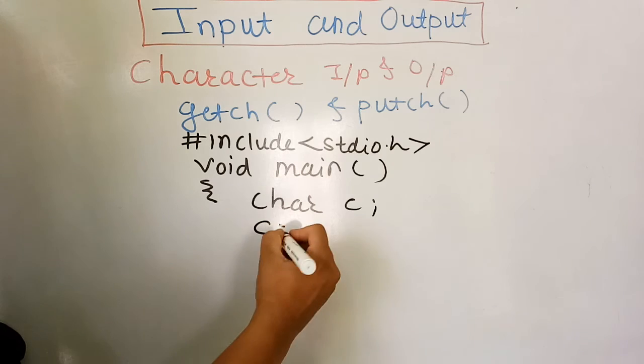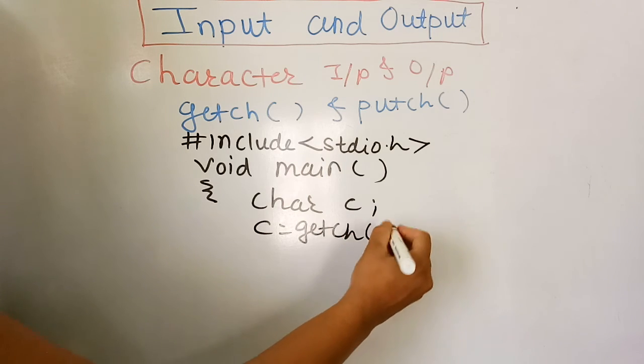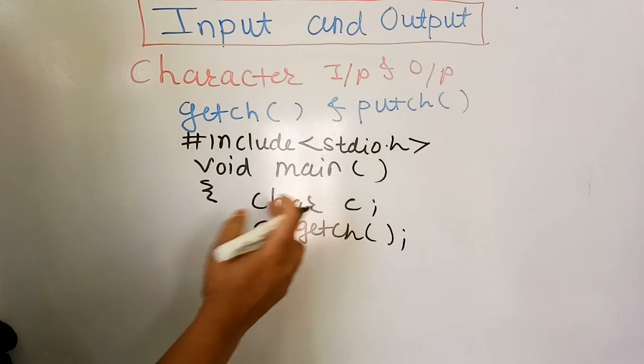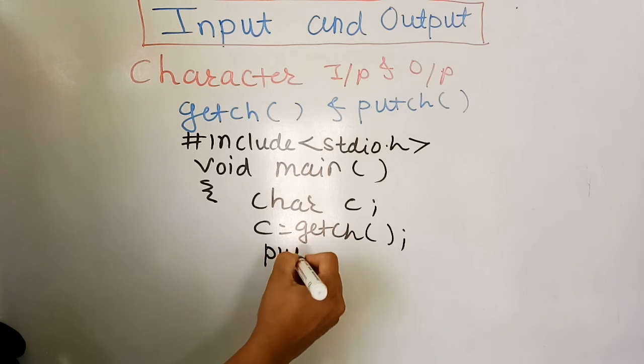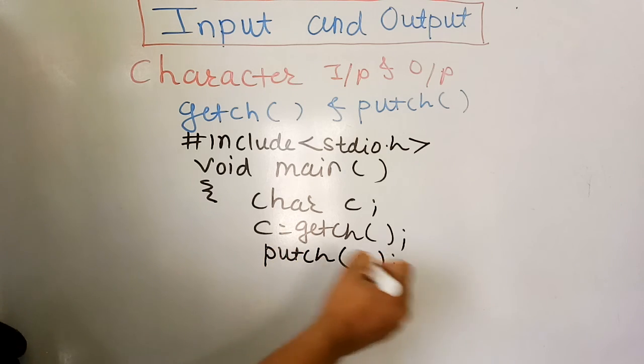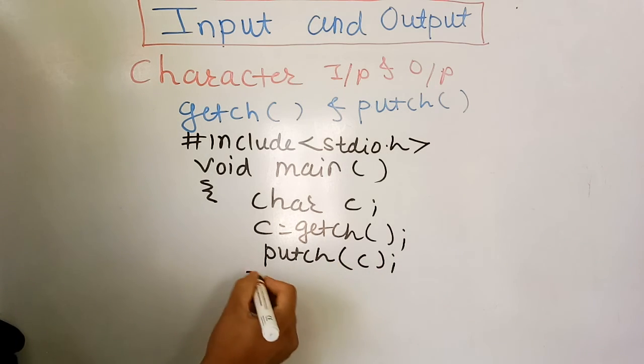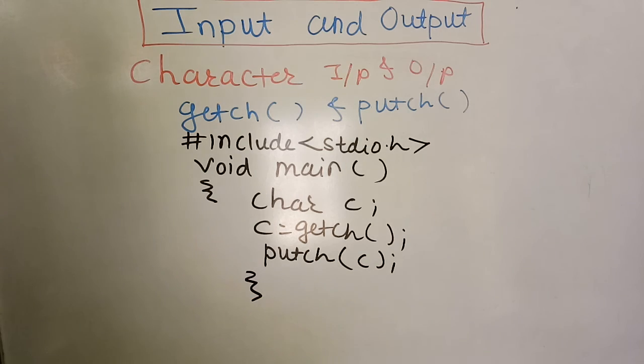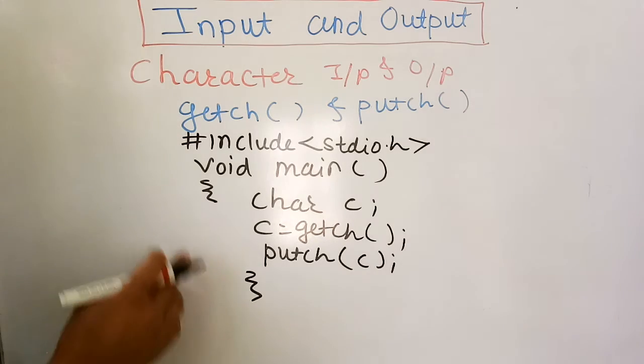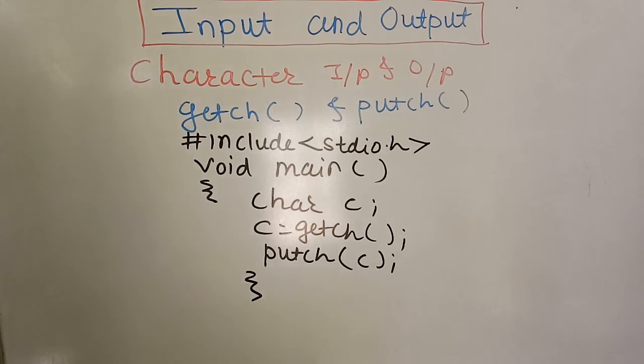Then you accept input from the getch function, and the value will be stored into c. To print it, you simply write putch and that value will be displayed by the putch function. So this is the basic mechanism of using putch and getch for accepting a single input and output from the user.